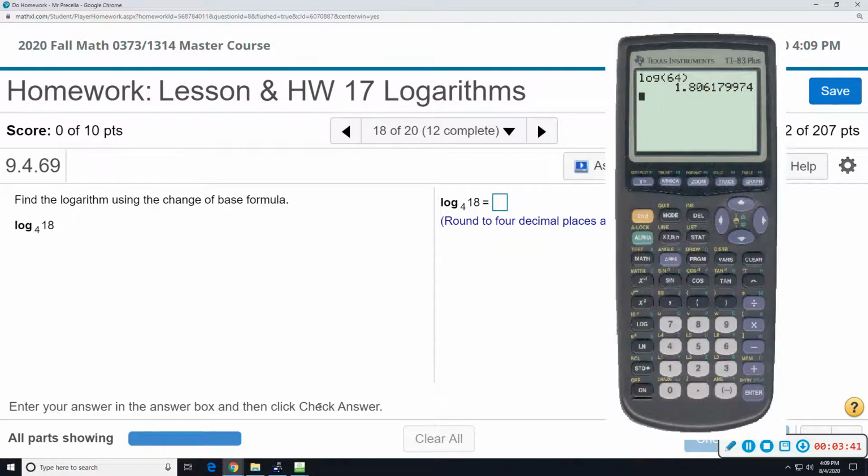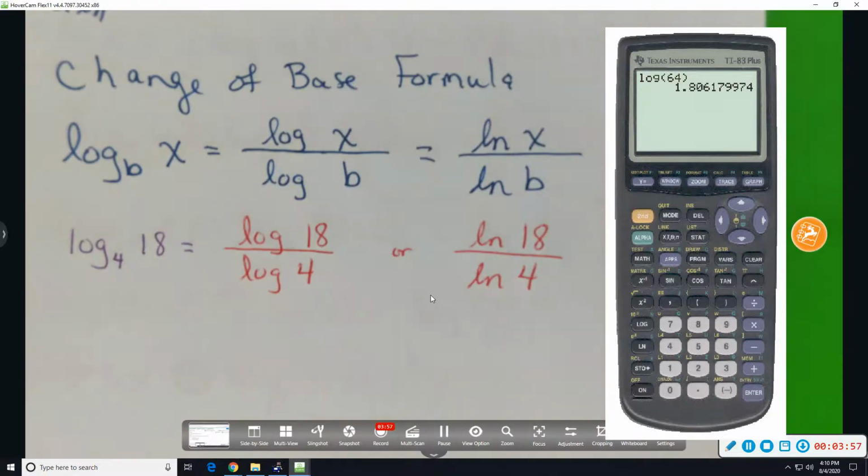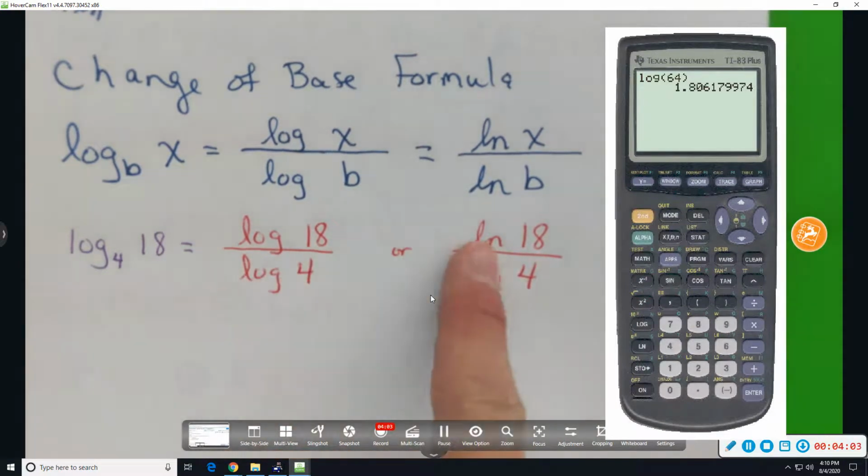So with this change of base theorem, you can punch it in either way. You can go log 18 over log 4. Or if you go LN 18. Oh, wait. I forgot to switch. Okay. I'm sorry. I'm falling down on my job. If I'd gone log 18 over log 4, or you can use LN 18 over LN 4, it'll give you the same final answer.